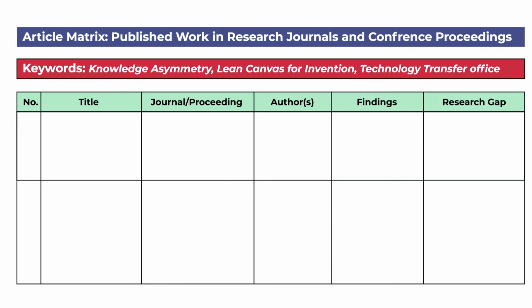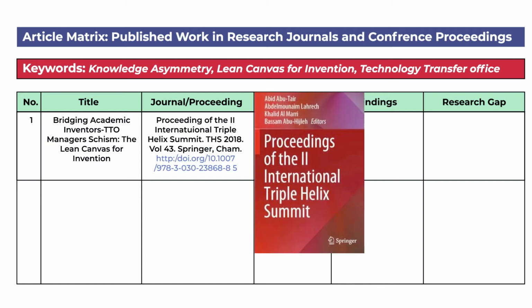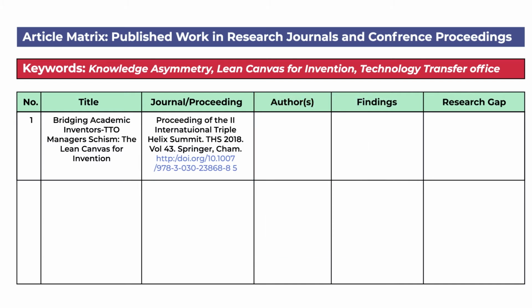The first paper that we want to talk about was published in conference proceedings with the title Bridging Academic Inventors, TTO Managers Schism, the Lean Canvas for Invention. I had a chance to present that paper at the Triple Helix conference held in Dubai. That paper talks about how one can bridge the gap or knowledge asymmetries between the academic inventor and the TTO managers. The title is then followed by the authors' names.